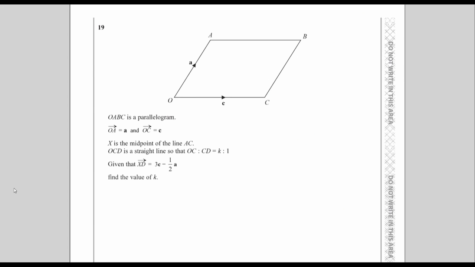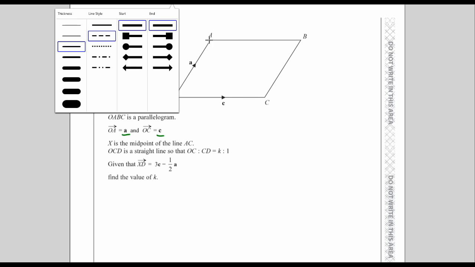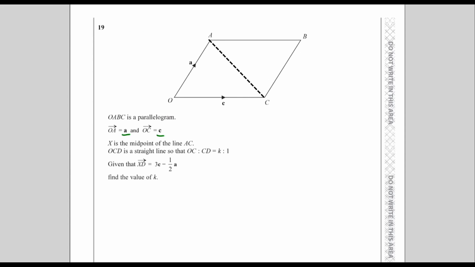Question 19. OABC is a parallelogram. OA is the vector a. OC is the vector c. X is the midpoint of the line AC. Okay, well let's draw that on then. So the line AC is from A to C, and the midpoint is in the middle of that line.